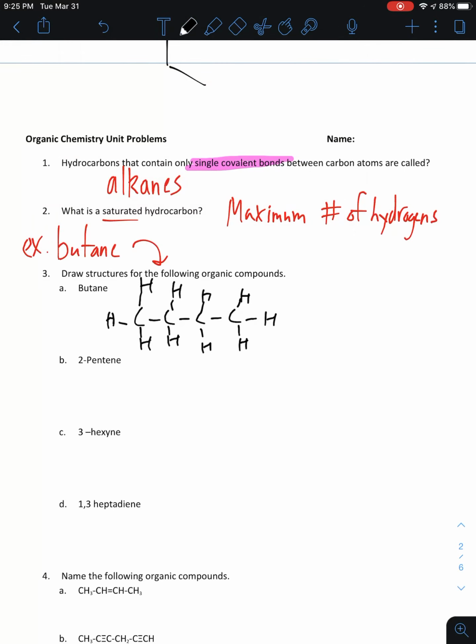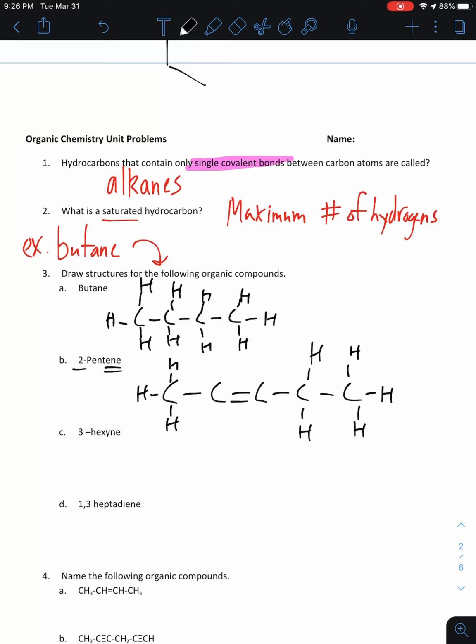Now let's look at 2-pentene. Remember those prefixes, methyl, ethyl, propyl, butyl, pentyl. That's 5 carbons. And on the second carbon, we'd expect to see a double bond, which is indicated by the ENE. So I'm adding my double bond there, adding my hydrogens in. Got 3 on this end carbon, 2 on this carbon, 3 on this end carbon.